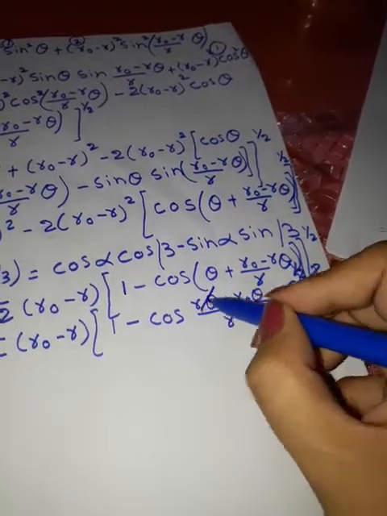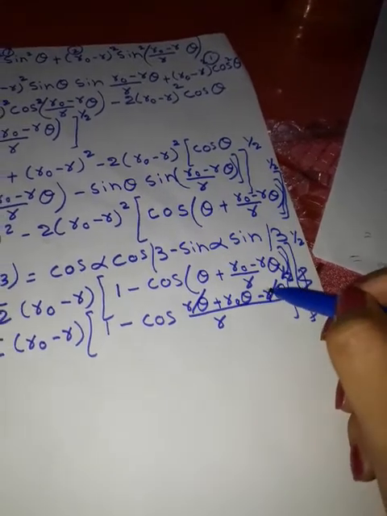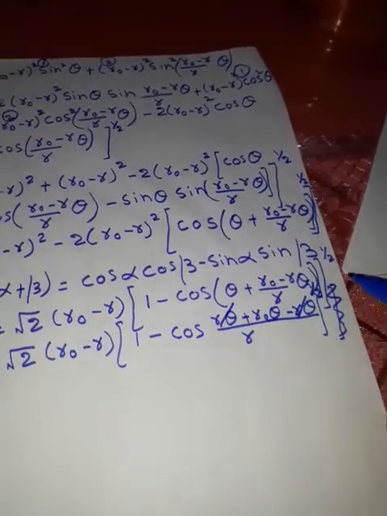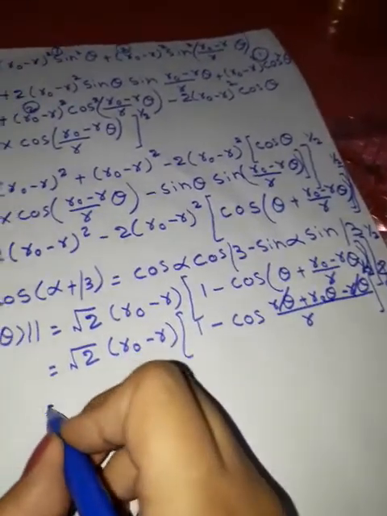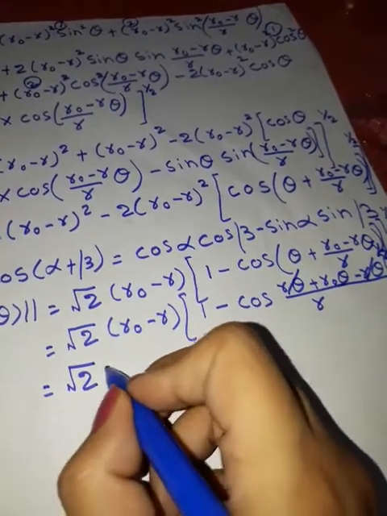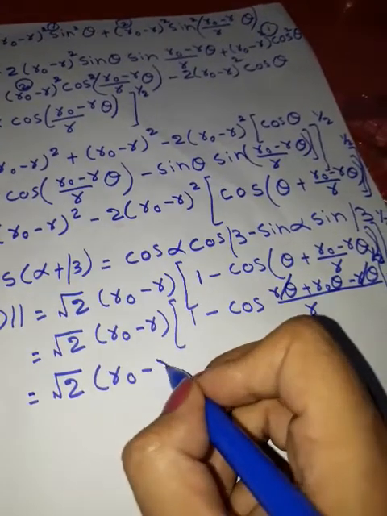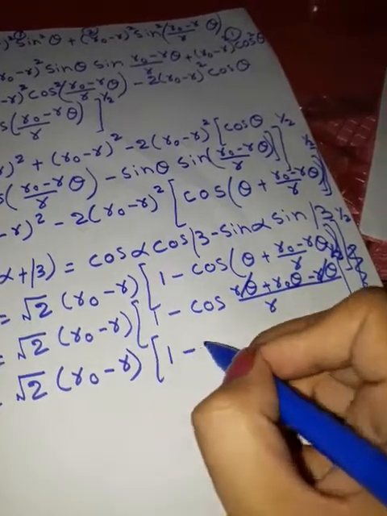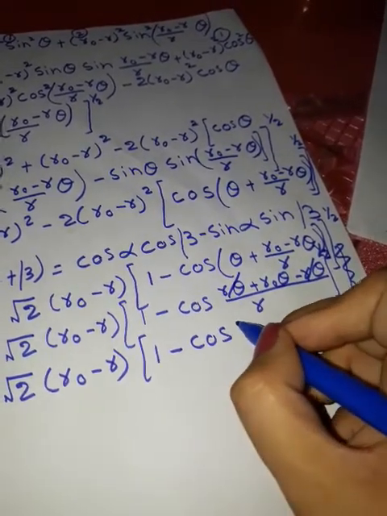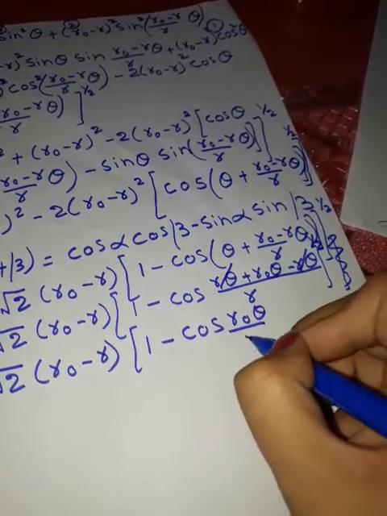Now this r theta with this r theta cancel because of alternate sign. So what I have is under root 2 r naught minus r, 1 minus cos r naught theta divided by r.